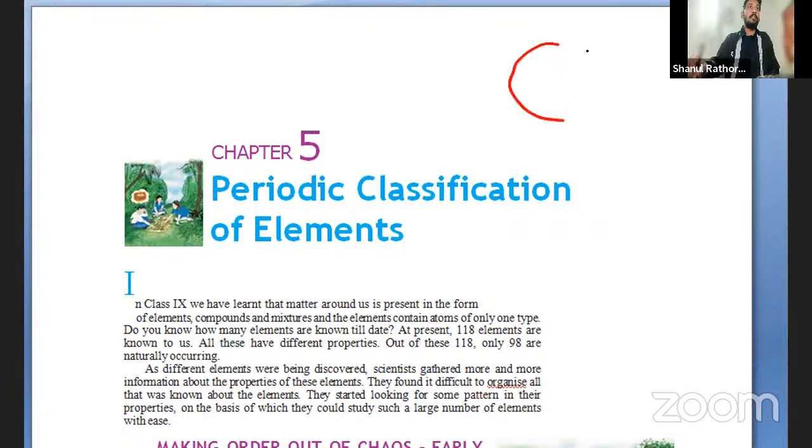The earth is made up of four major things that the ancient Greeks believed in: earth or soil, air, water, and fire, right? They believed these are the four basic materials that we are all made up of.